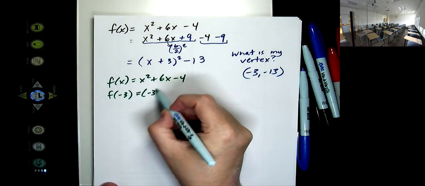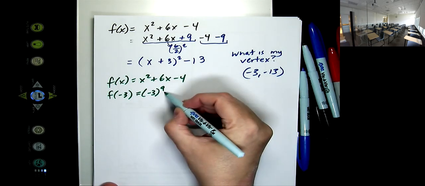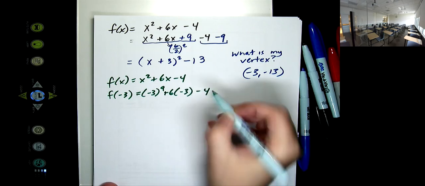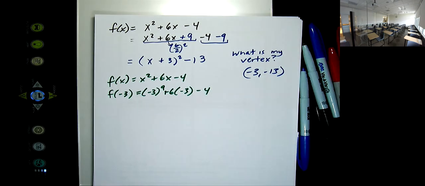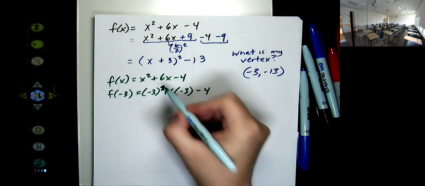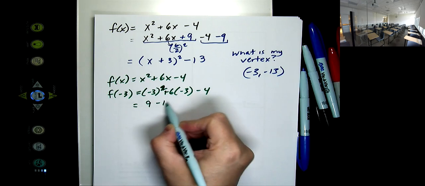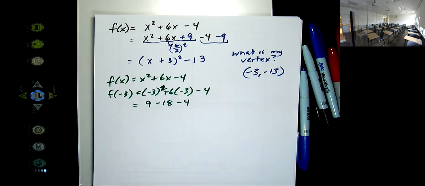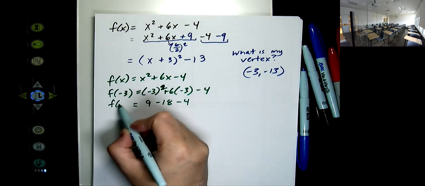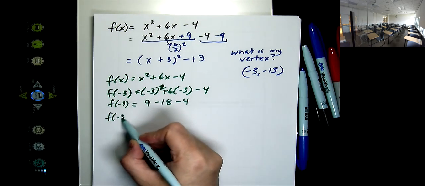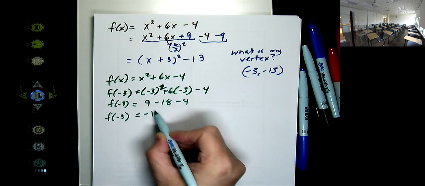I get -3 squared plus 6 times -3 minus 4, which equals 9 minus 18 minus 4, which is -13.